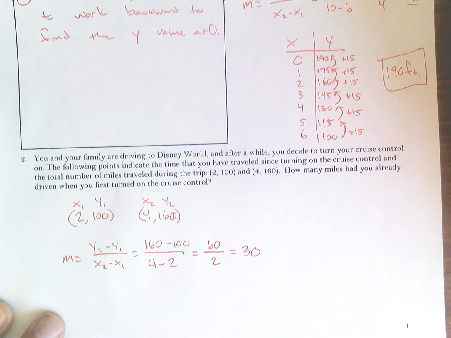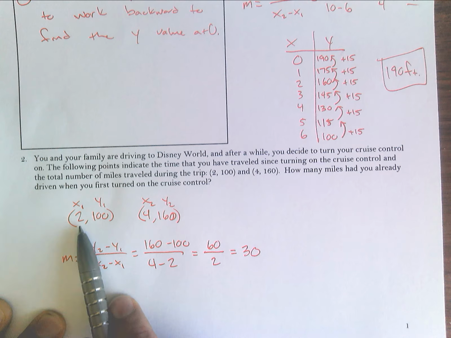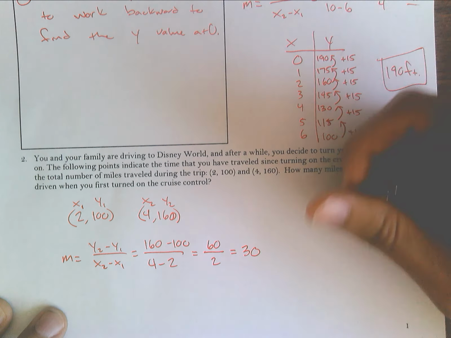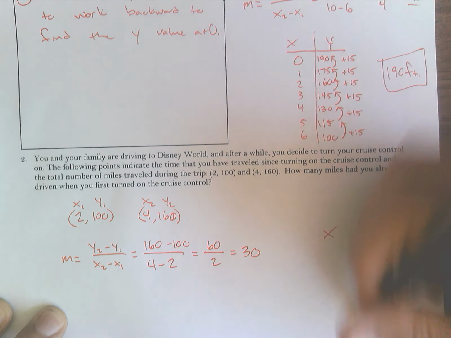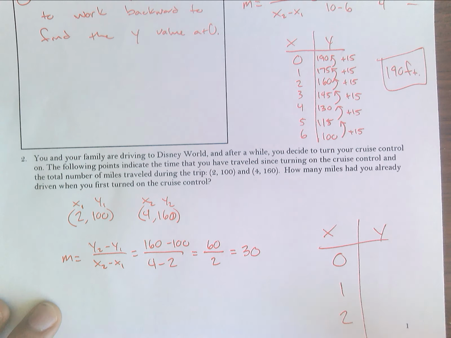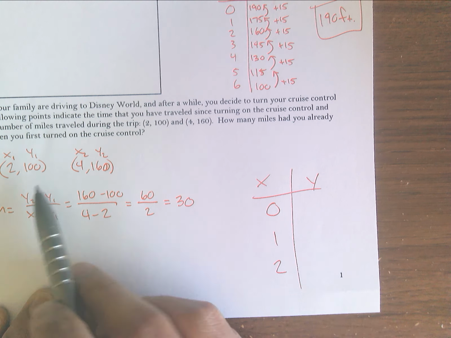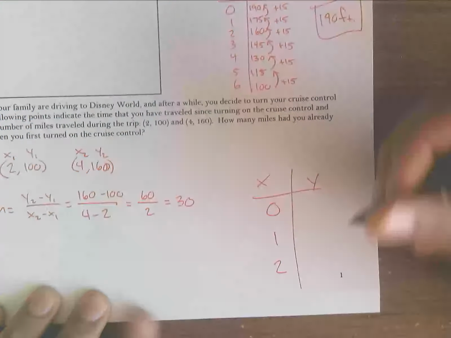Now, step 2 is to make a table of values from 0 to our first known x. We have 2 and 4, so our first known one is 2. Our table of values, x, y, goes from 0 to 2. Fortunately, there are only 3 to do: 0, 1, and 2. At 2, we know the distance traveled was 100 miles.